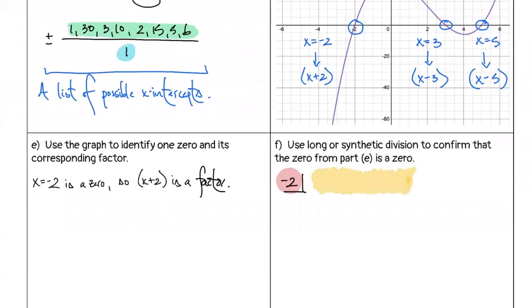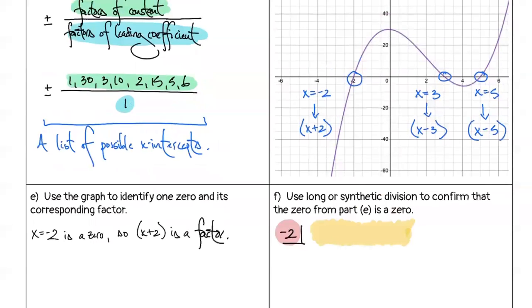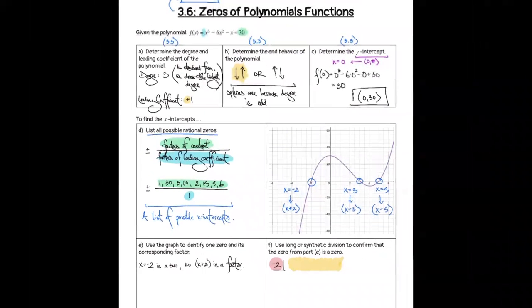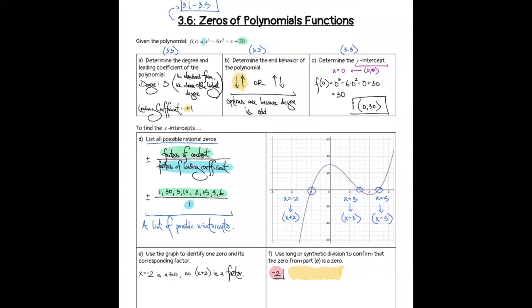And then to get the coefficients for my yellow part, I need to go back to my original function. And so based off of the f of x given, I want to choose these coefficients. So I'm going to do 1, -6, -1, and +30.